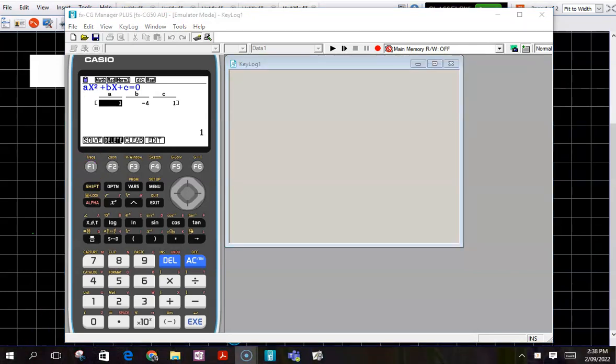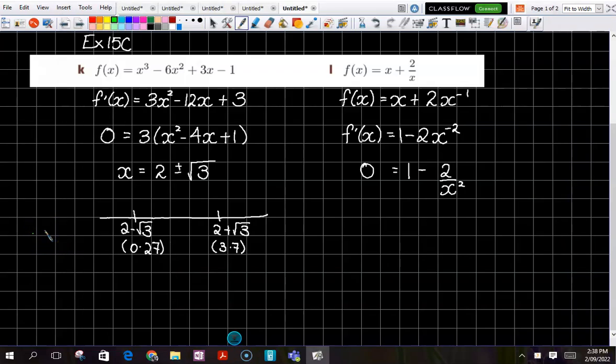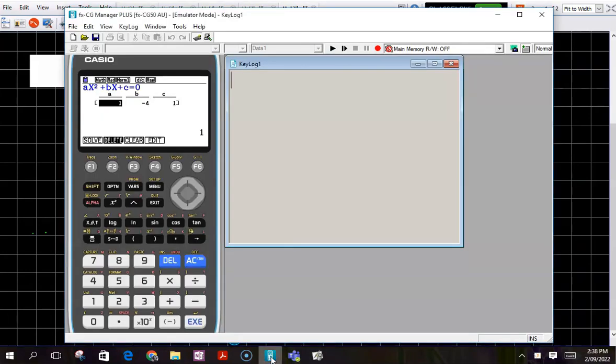I've put in 1, minus 4, 1. Some of you might say, I don't even need to pull out the common factor, so you can put in 3, minus 12 and 3. Will you get the same answers that I do? Of course we will. So we get 2 plus root 3, 2 take root 3. So that's what goes on our sign diagram.